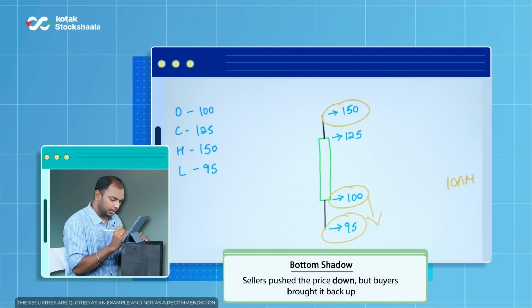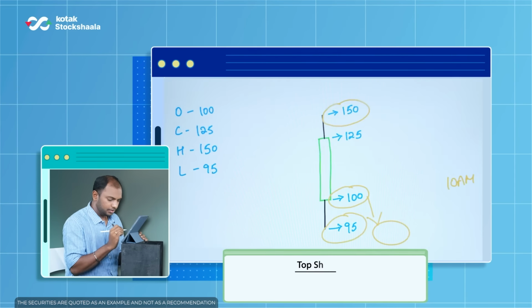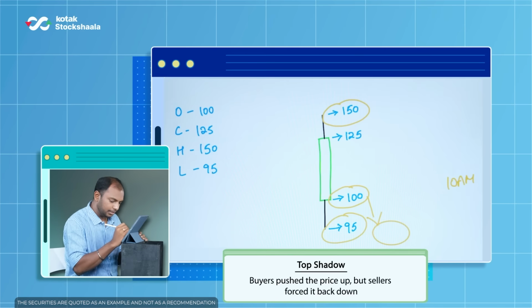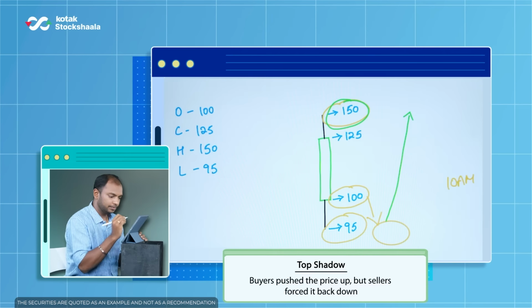And sometime during the day, there were not enough aggressive sellers, because of which the number of buyers increased, which means they became aggressive and pushed the price to as high as 150 rupees. But even then, at 150 rupees, the buyers were not aggressive enough, which means the sellers again became aggressive and pushed it back to 125.